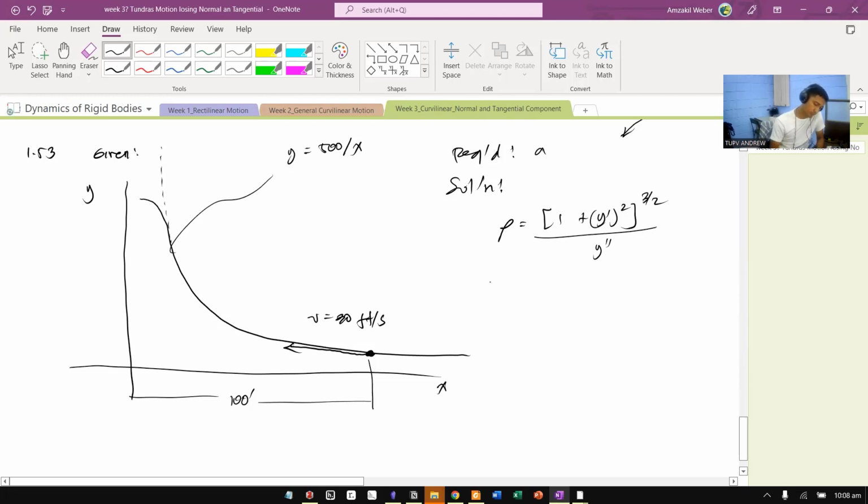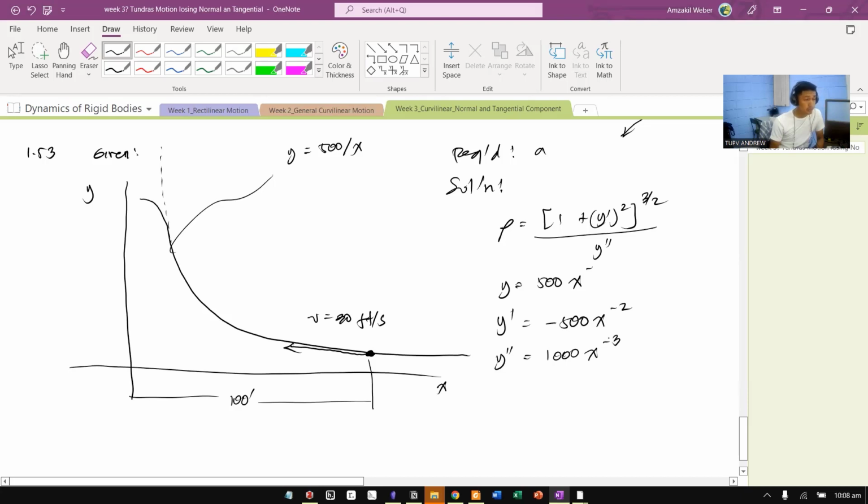First, we need to solve for y prime. y is 500 x to the negative 1, so y prime is negative 500 x to the negative 2. y double prime is 1000 x to the negative 3.